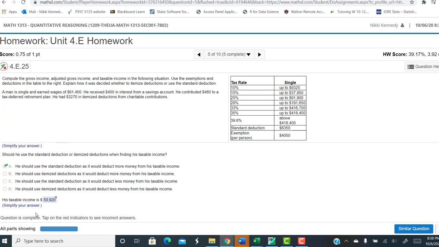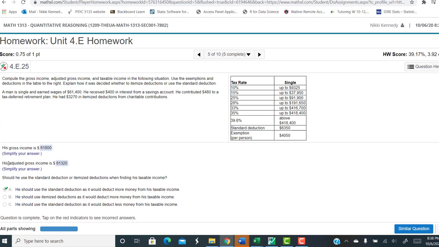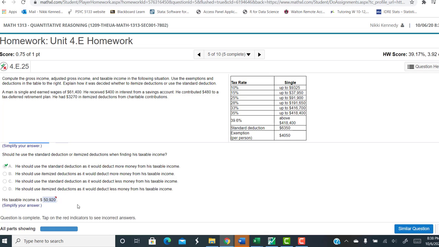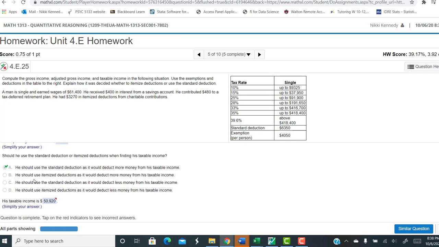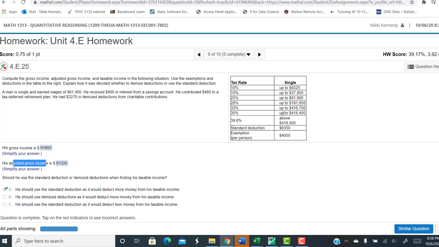Now I actually missed this question, so I want to tell you why I missed this question. Taxable income is the adjusted gross income minus standard deductions and exemptions, and I just didn't see this exemption here. So for your adjusted gross income, you want to take that value, 61,320, and subtract not only the standard deduction, but don't miss that you have exemptions here.